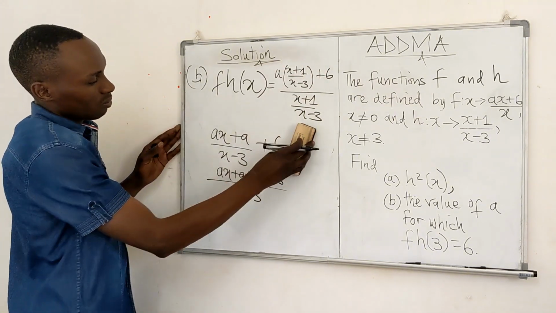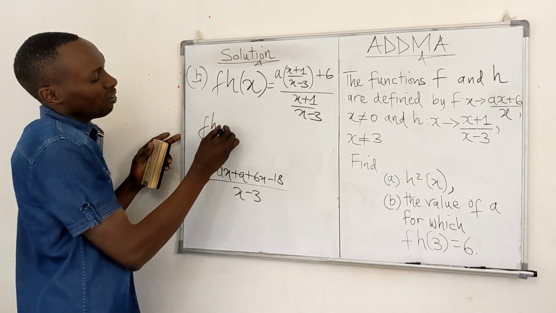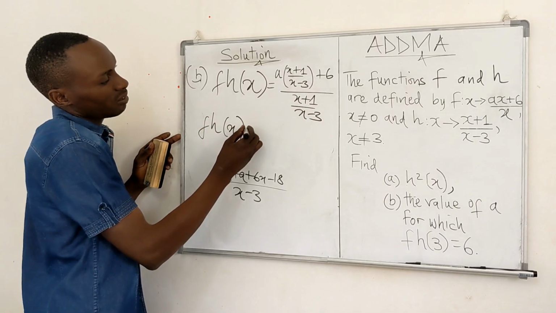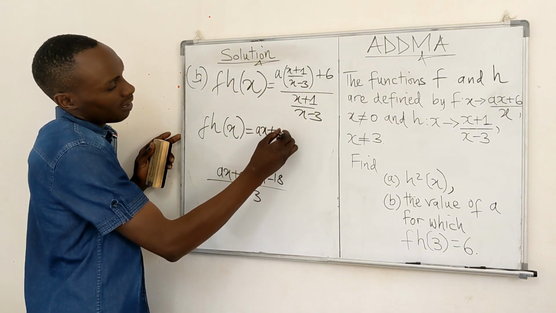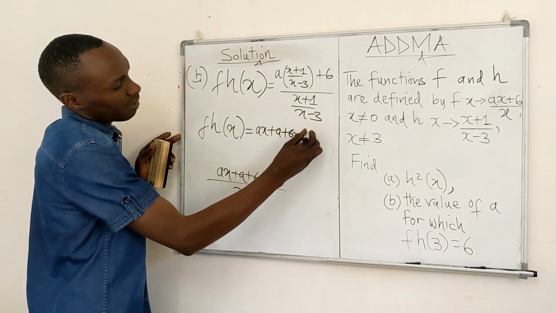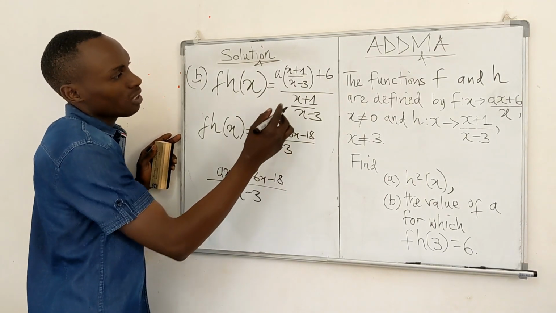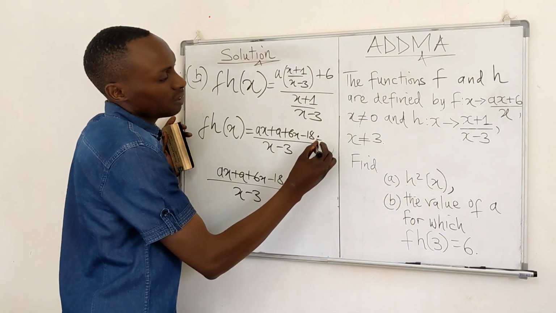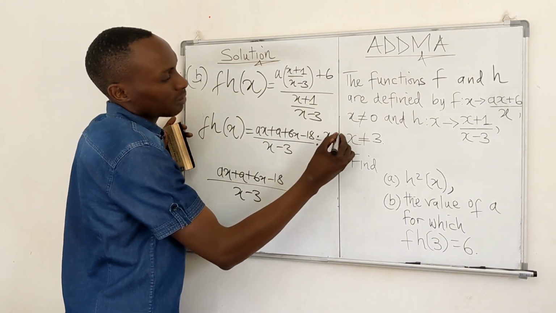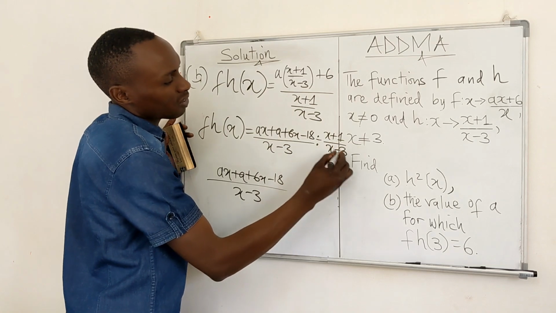Okay, so let me write it like this. fh of x is equal to ax plus a plus 6x minus 18 over x minus 3. Then below, so I'll just indicate division, x plus 1 over x minus 3.